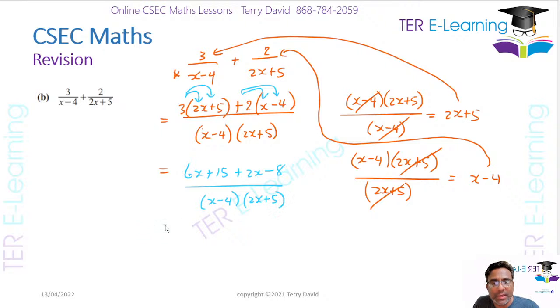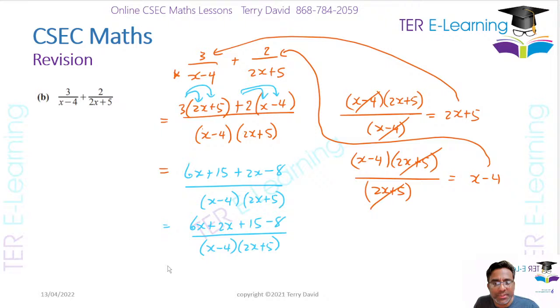So for the numerator now, let's bring all our x's together. I'm going to write 6x plus 2x plus 15 minus 8, all over x minus 4, 2x plus 5.